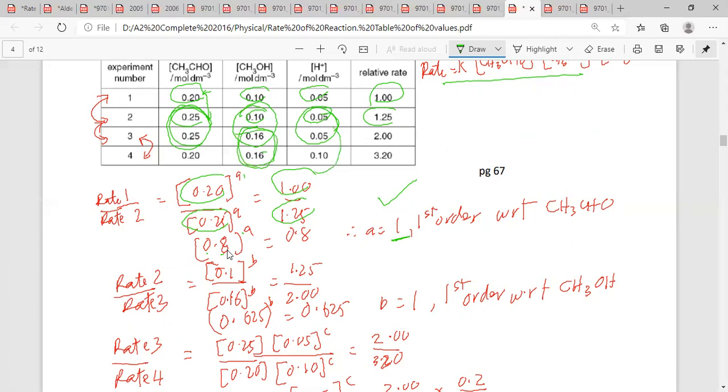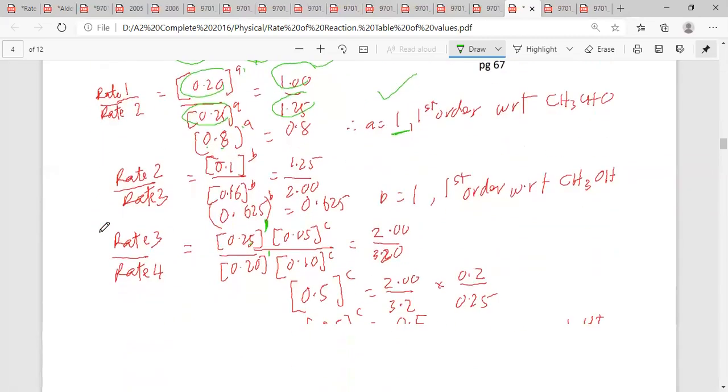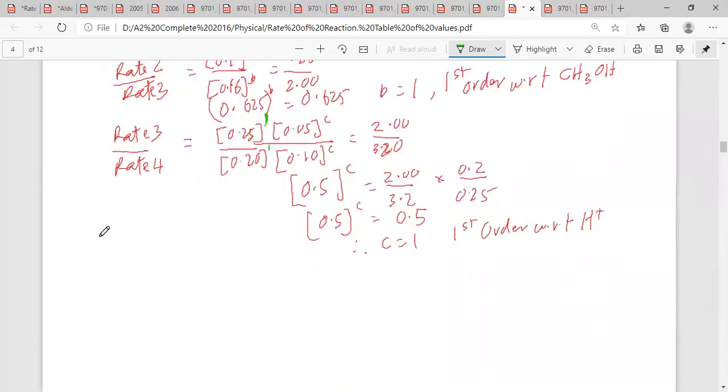I can use what I already determined for my propanol. So this can cancel off. So propanol here, 0.25, I put power 1 here, 0.2 power 1 here. So I can still solve the problem here, okay?